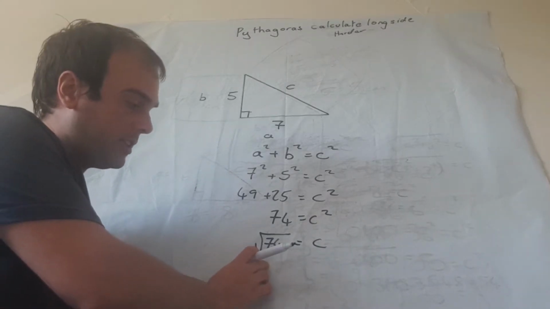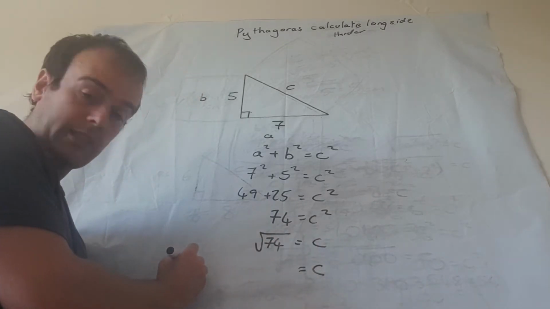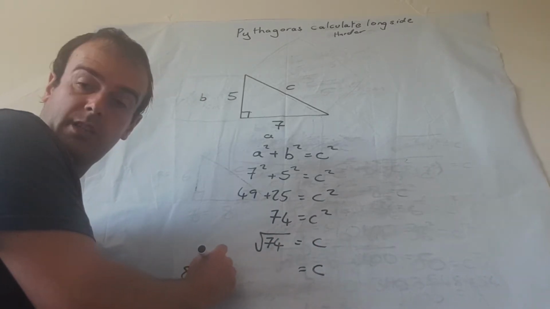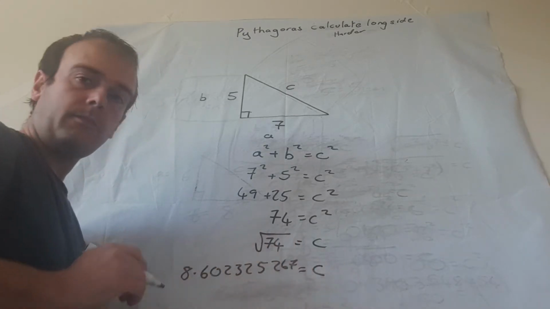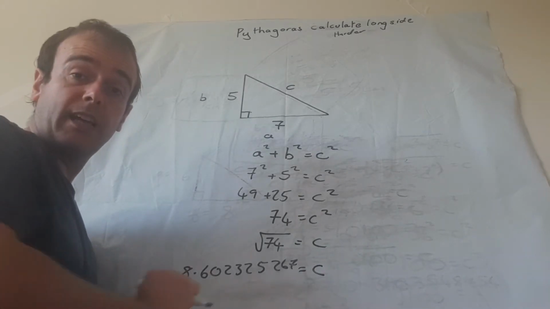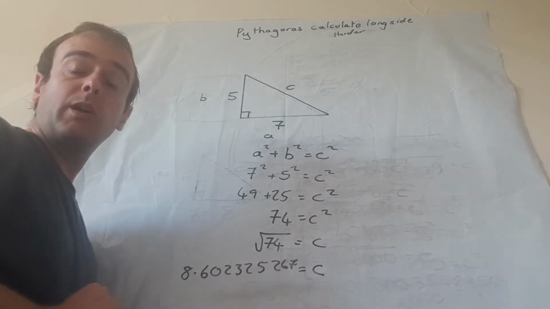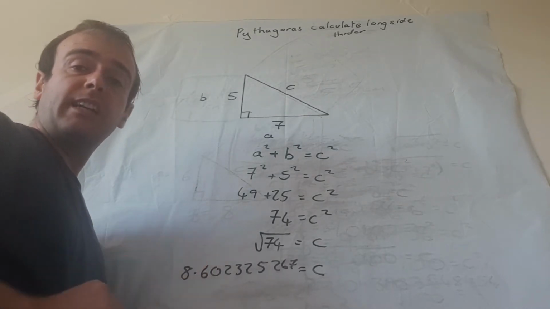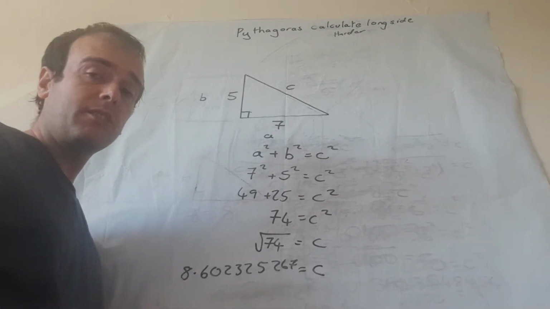So when I type it into the calculator, it's going to give me 8.60232527. We don't want to have to write all that down. So when you see that appear in your calculator, look back to the question and see what it asks for. Does it ask for 1 decimal place, 2 decimal places, 3 significant figures, whatever?